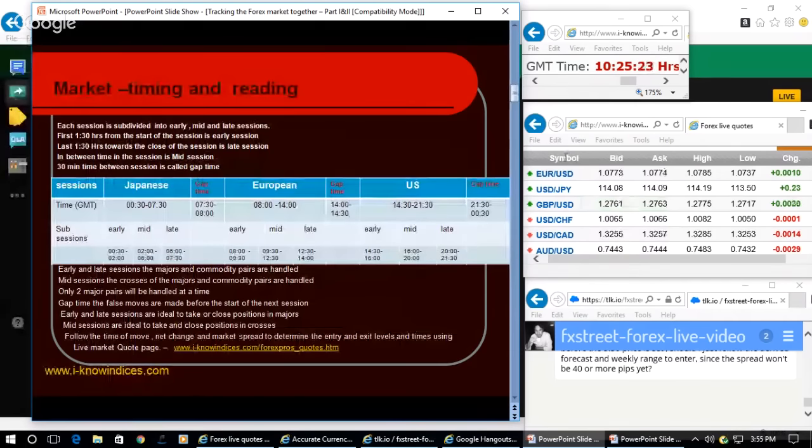Following the session timings, they are all vital. And if you note down the timings and track the market without taking positions, you'll be able to really understand and appreciate that these timings are time tested. See, I'm giving these timings from 1999. Still, the players have not changed it. Same FX trade, I'm using it as a platform to give free forecast from 2001.